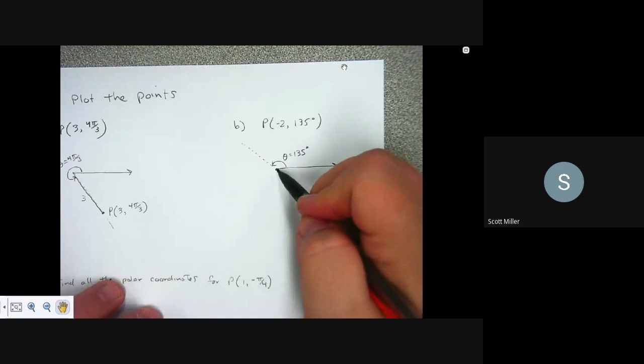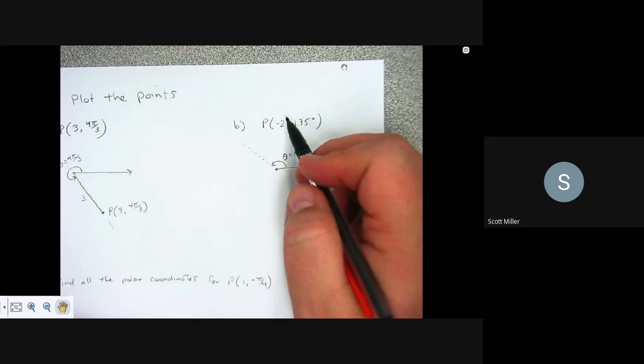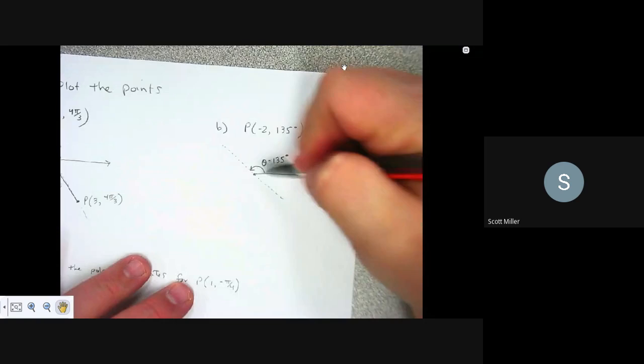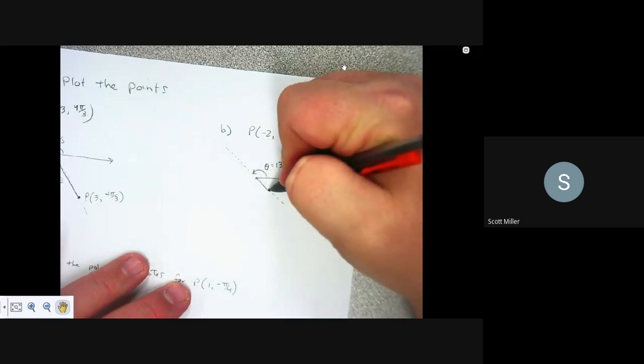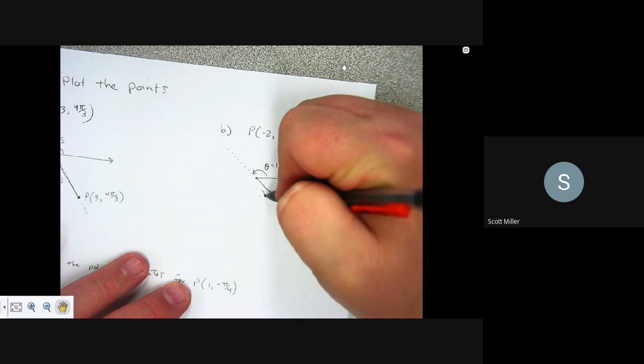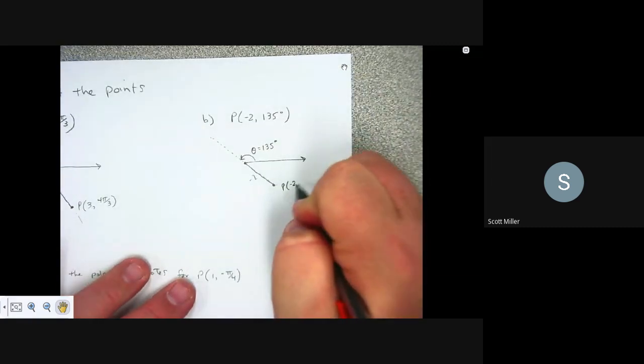So I'm standing here and I'm facing along that line. But the R is a -2. So what that means is, extending back in this direction, I'm not going to walk forward, I'm going to walk backwards until I have a distance of 2. So this point is -2, 135.